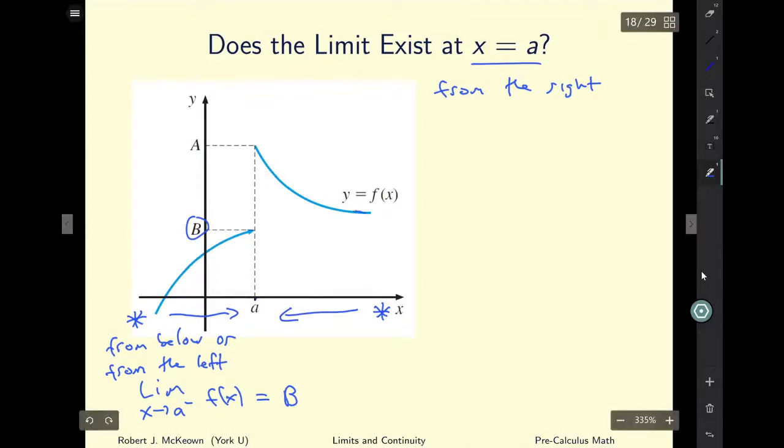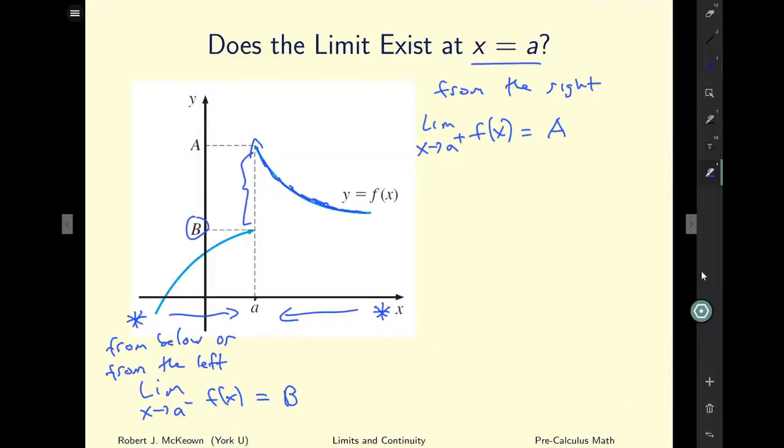And we're walking along this curve here, and in the limit, as x is getting closer and closer to a from above, f of x is getting closer and closer to a. But as you can see, there's quite a big distance between a and b.